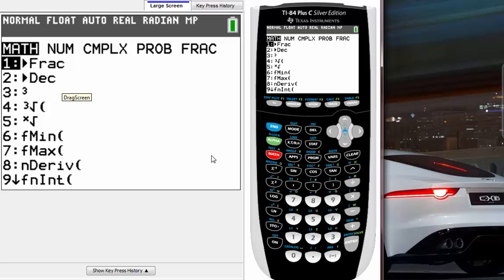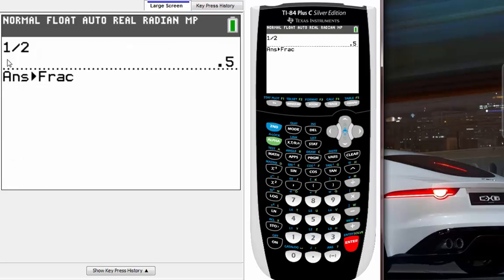Since I want to change 0.5 into a fraction, I would have to choose the first one, right? I just highlight the first one, and by the way, you can move around with your arrow keys here, and then hit enter. What happened? There's a little thing called ANS on the left side of this triangular shape.